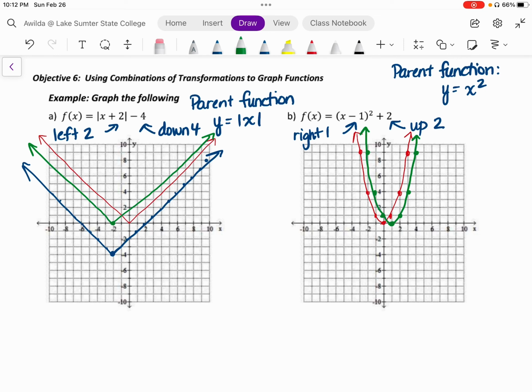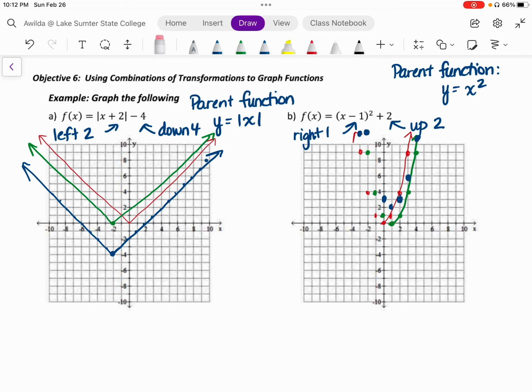And now finally everything has to move up 2 units. So again, I'm going to take all those green guiding points and all of those are going to move up 2 units. Some of them are going to fall a little bit off the graph here. I think there's one there that I didn't plop down correctly.